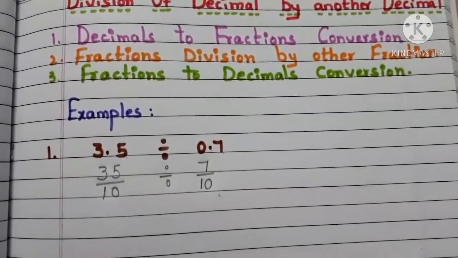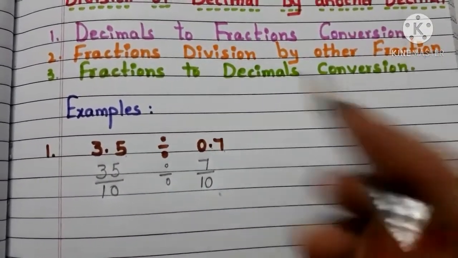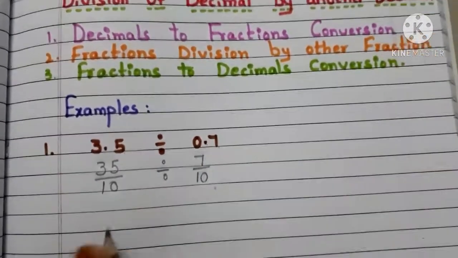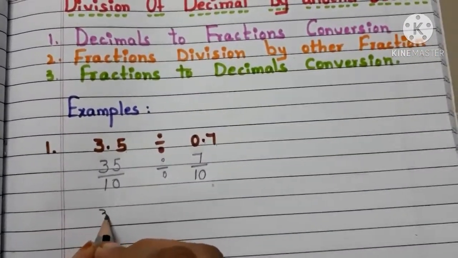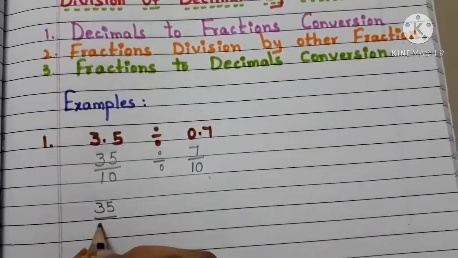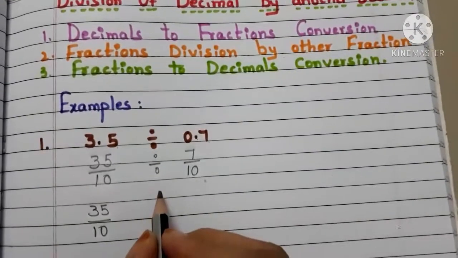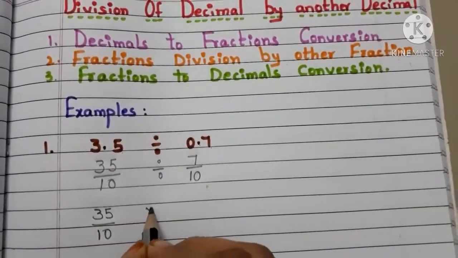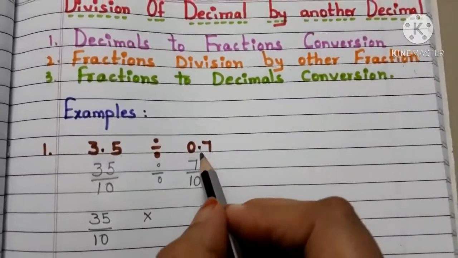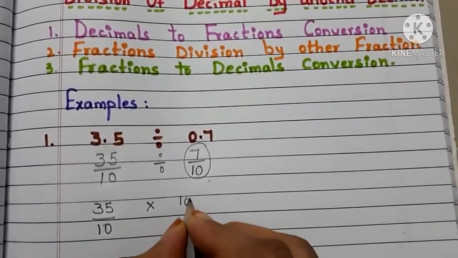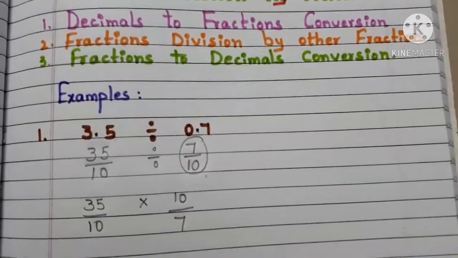Okay, now here we have to use the concept fractions division by other fraction. Okay, what we have to do? Copy down this fraction 35 by 10. Instead of division symbol, we need to write multiplication symbol and write the reciprocal of this fraction, 10 by 7.